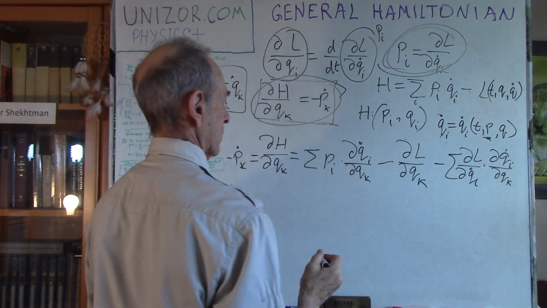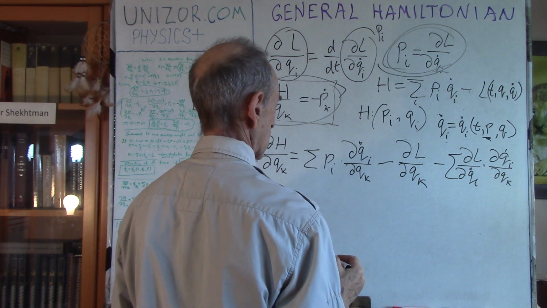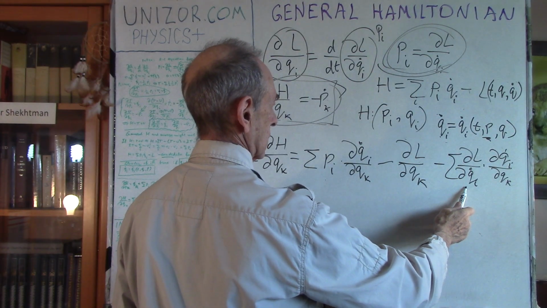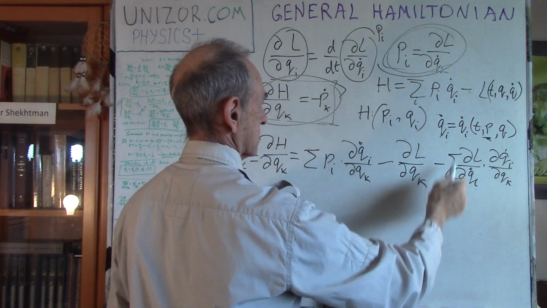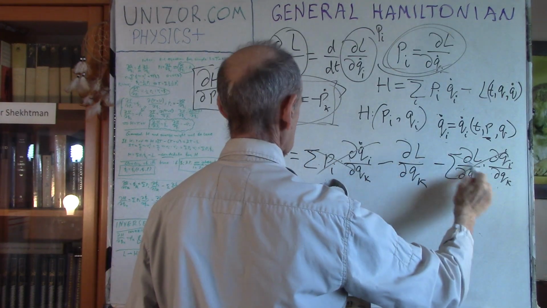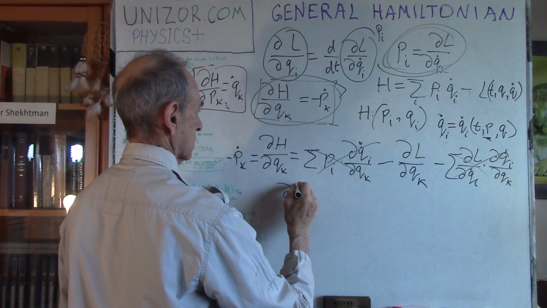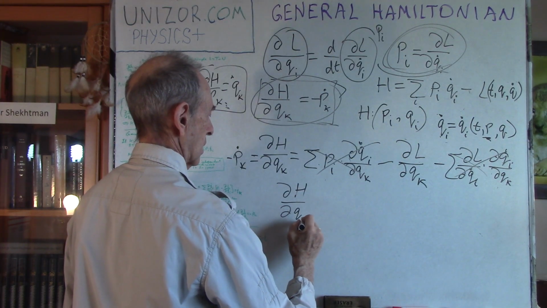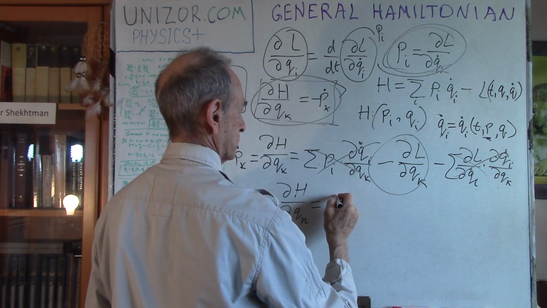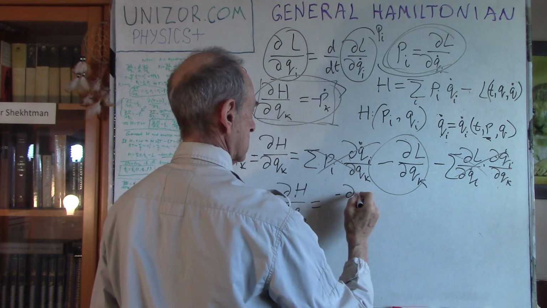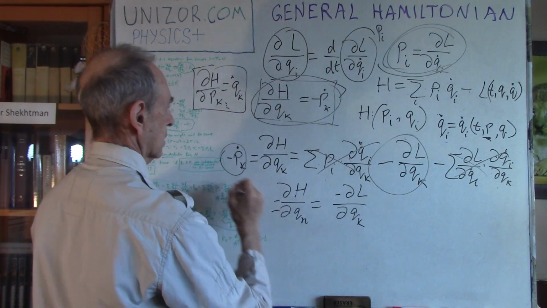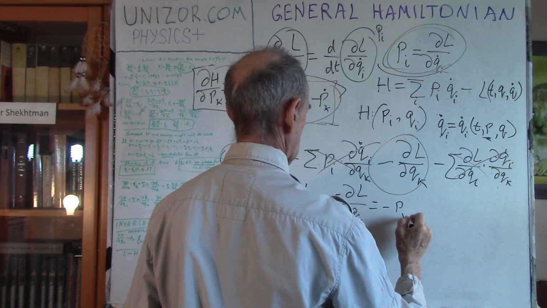But now what happens if I assume that pi and dL by dq, that's the definition, so these two, it's the same multiplier here, go out. So what we have right now is that dH by dqk is equal to minus dL by dqk, and this is, as I was saying, minus pk dot.